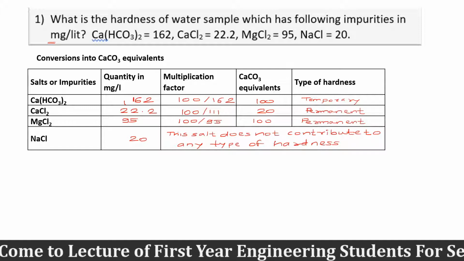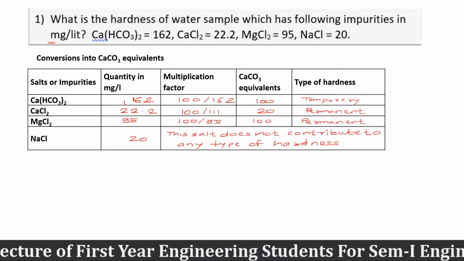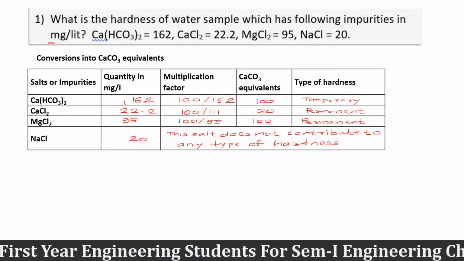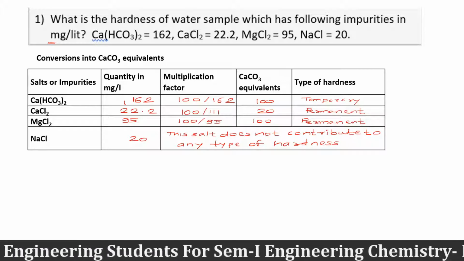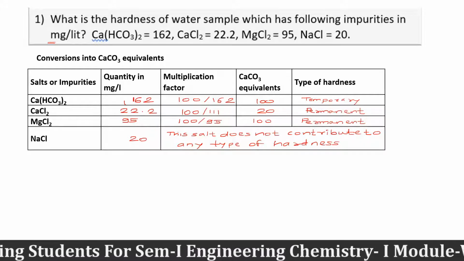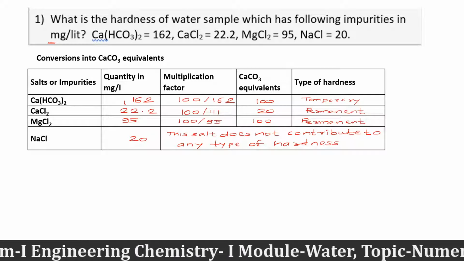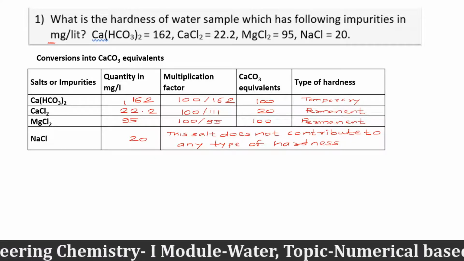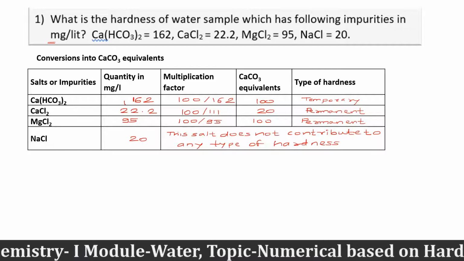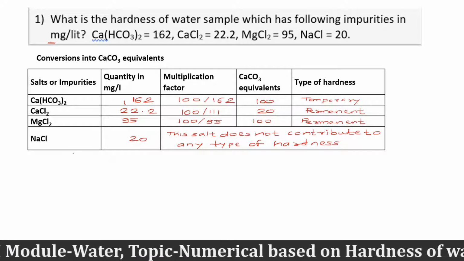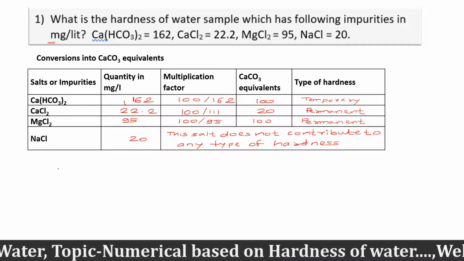For solving all the numericals related to multiplication factor, it is essential to convert whatever the quantities of impurities are given into calcium carbonate equivalent. Then next step, directly mention total hardness.